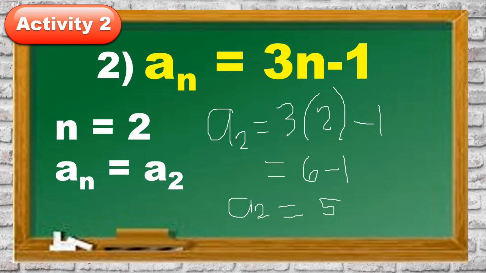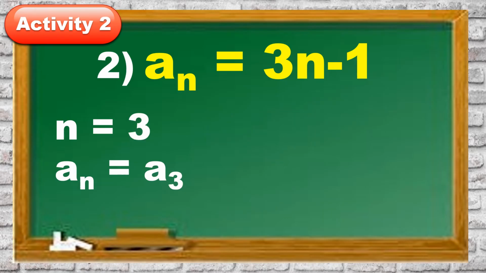Right. For the third term, we have a sub 3 and the value of n is 3. So, we have a sub 3 equals 3 times 3, which is the value of n, minus 1. And 3 times 3 is 9, minus 1.